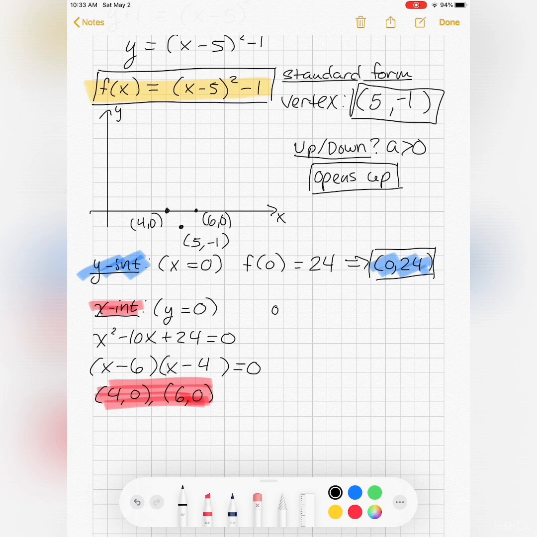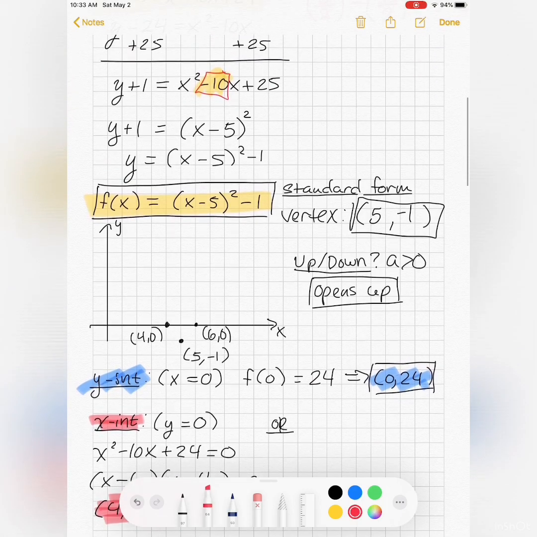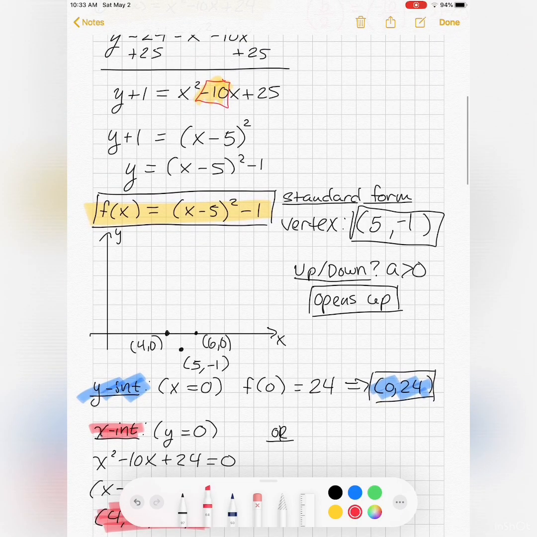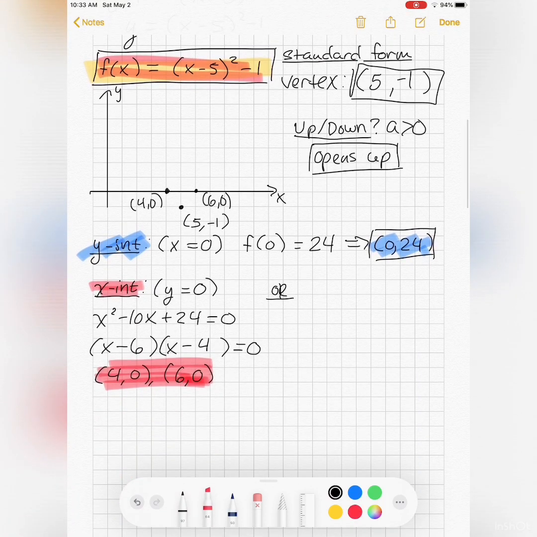If it did not factor, in that case it's easier to use the standard form equation here. So let me look at finding the x-intercepts that way. If instead I had set that equation to 0, how would I solve that? I would add the 1, take the square root. Now remember, when you take the square root, it's plus or minus in front. Square root of 1 is 1.